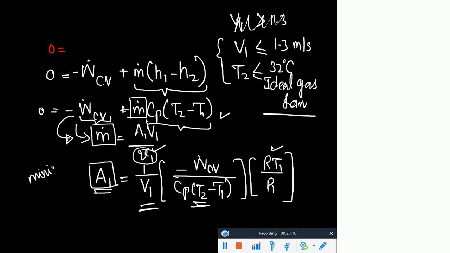Now that statement is putting a limit on the maximum value of those two quantities, right? And if you look at this relationship, this V1 is inversely proportional to A1, isn't it? And similarly, this T2 is also kind of inversely proportional to A1. So at the maximum value, you would have the minimum value of area.